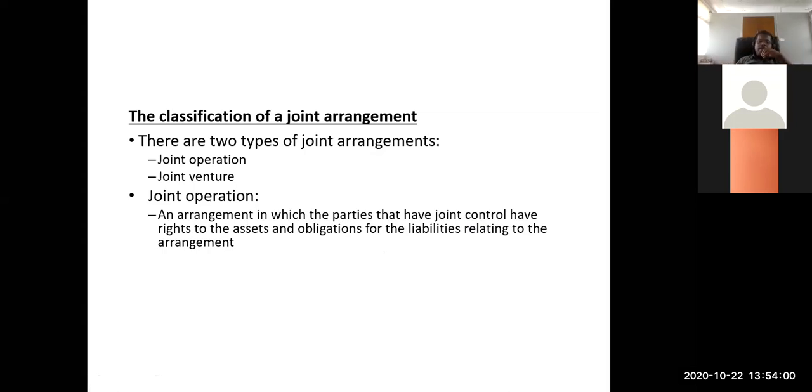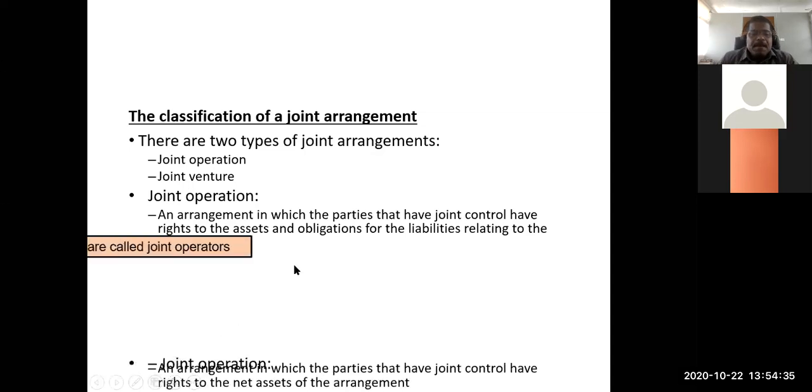If it is a joint operation, you have joint control, but you also have rights to the assets and obligations for liabilities relating to the arrangement. If there are, say, 100,000 rupees of assets shared 50-50, then your share is 50,000 and the other party's is 50,000. That's what I'm telling you.